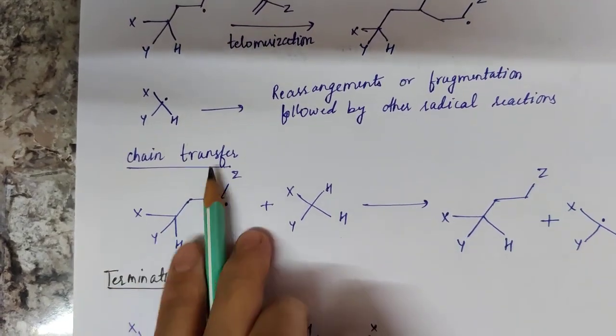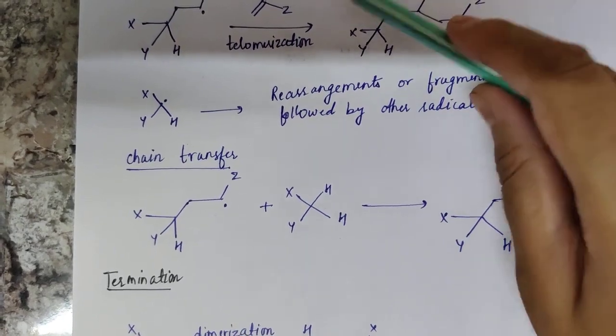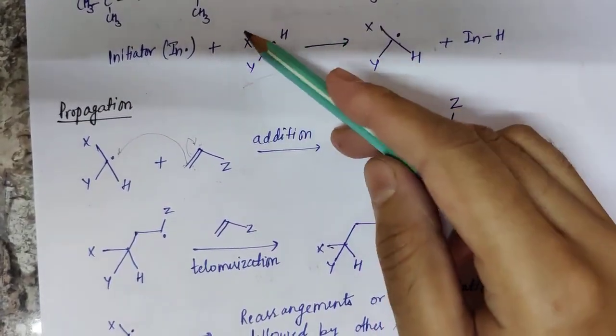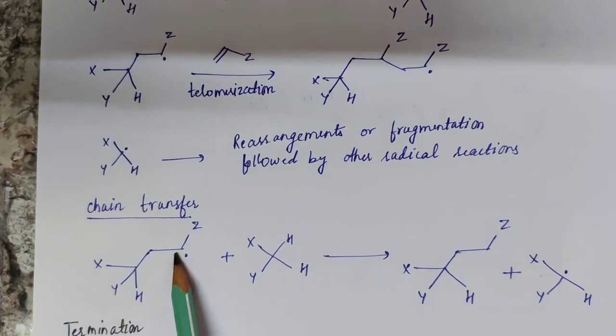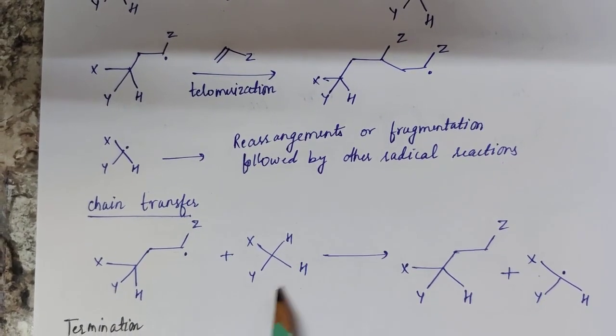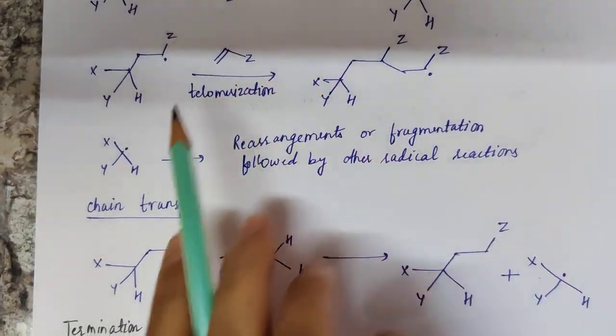Now chain transfer. Now this molecule is formed. It will again react with our first reagent present in the solution, and it will get stabilized, while the second compound gets converted into radical. This will again be consumed in the propagation step.